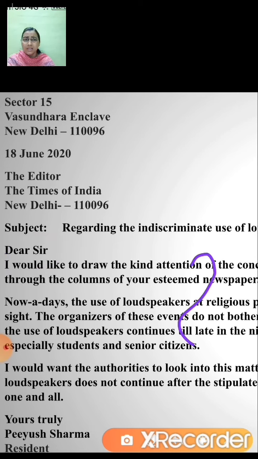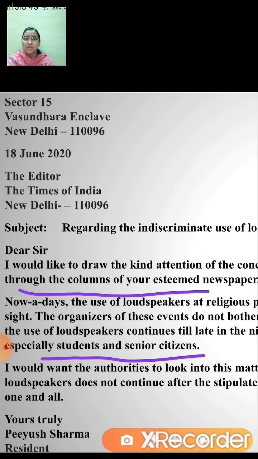Now this is the body and you can see it is divided into 3 parts. After each paragraph you have to leave a line so that your letter is presentable.